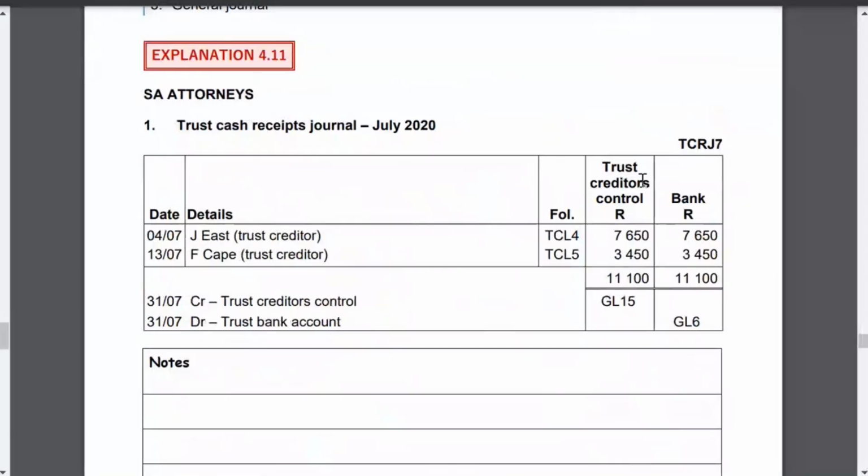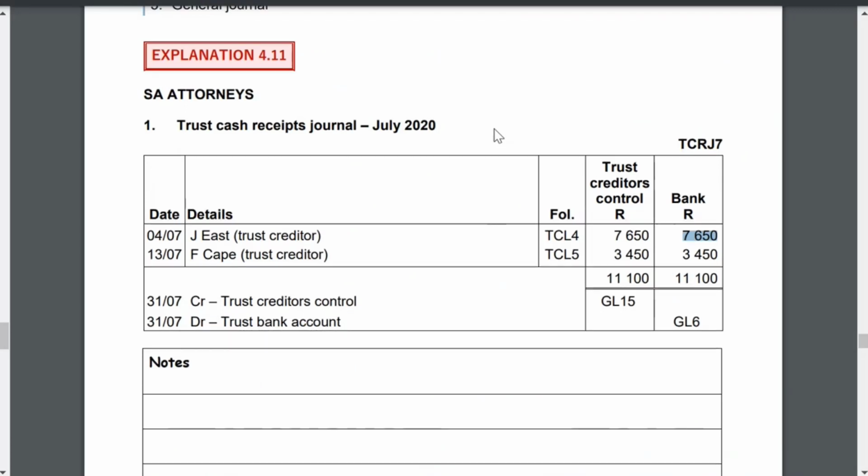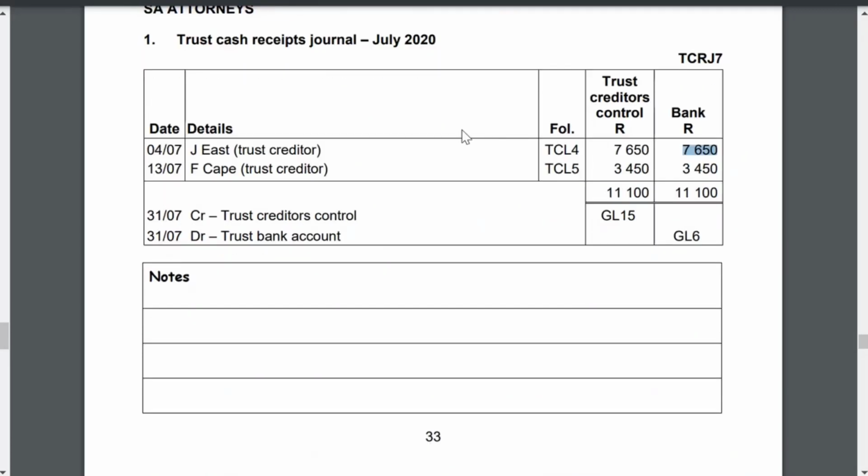It will look like this. Can you see? So it will be Faith trust creditor and then 10,000 here and 10,000 here. Can you see there at the bottom, trust creditor?